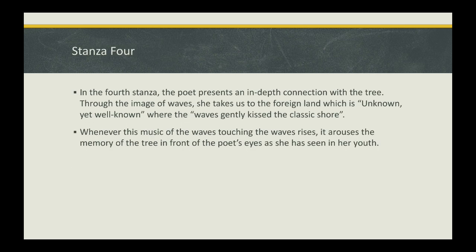What does the fourth stanza say? In the fourth stanza, the poet presents an in-depth connection with the tree. The poet goes into great detail from the first to the fourth stanza. That is what we can see: an in-depth connection with the tree through the images of waves. She takes us to the foreign land which is unknown yet well known, where the waves gently kissed the classic shore.